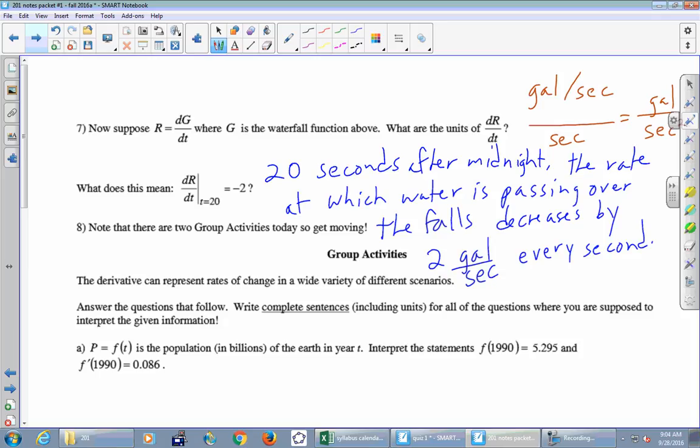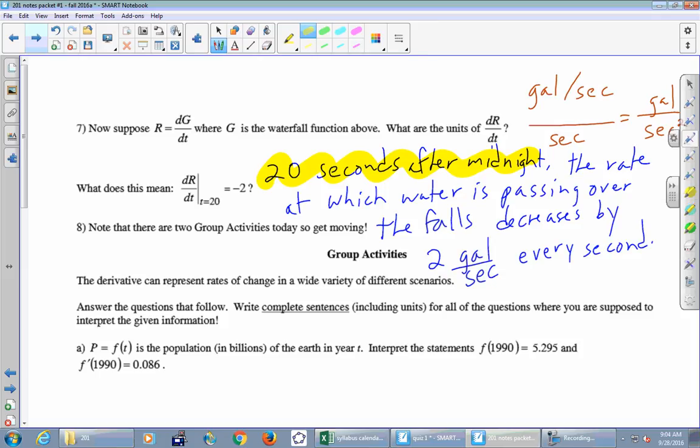You could say this second, but traditionally we would say every second. The fact that we have no idea what's happening any other time is like we've got it right there. To say this is all we're telling you about is that this moment, this is our reality, is every second the flow is changing by 2 gallons per second. Yeah, and it's good.